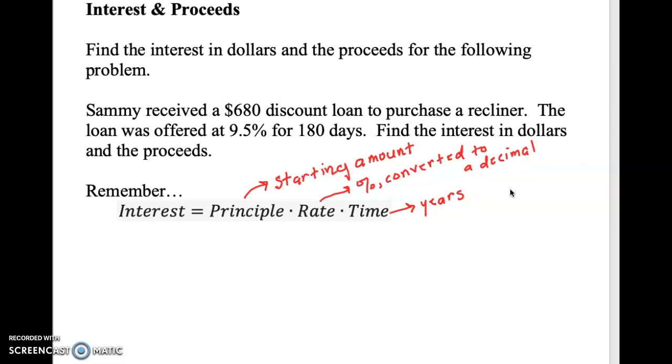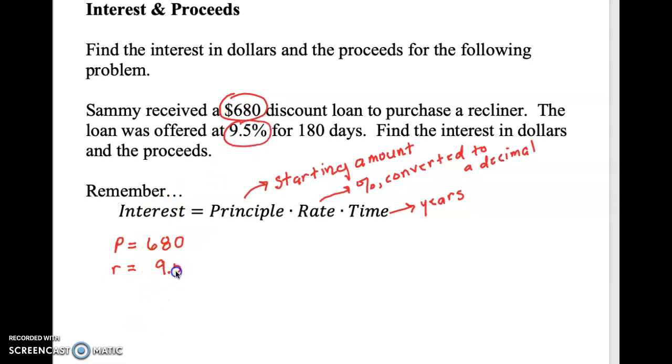So in our particular problem, let's make a little list of what we have. The principal, or we're going to call it variable P, is the original amount of money, which is a $680 discount loan. So 680. The rate, which we're going to use a lowercase r, is the percent. Now keep in mind, right now it's 9.5%.